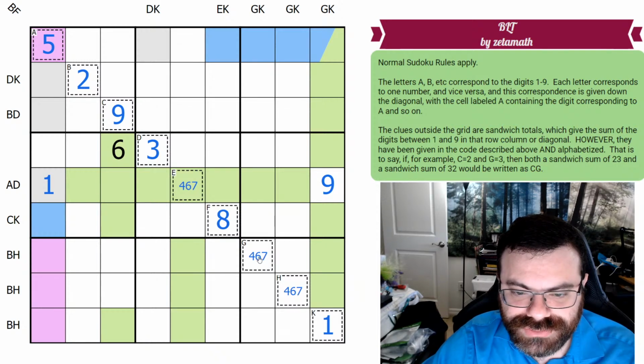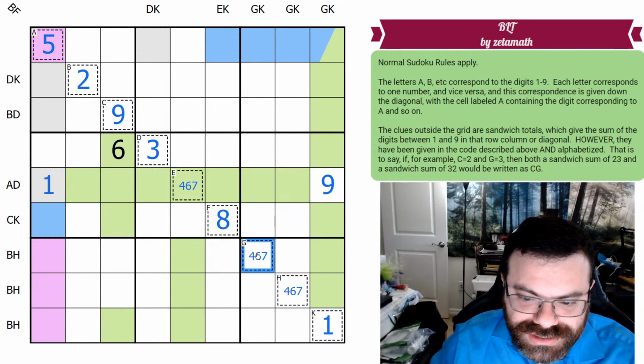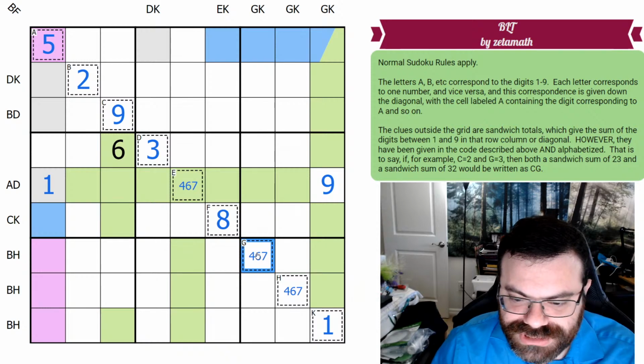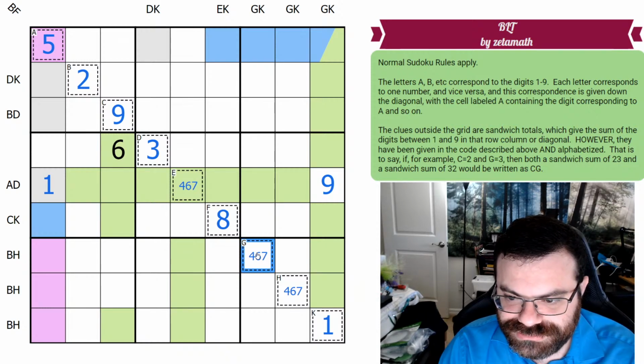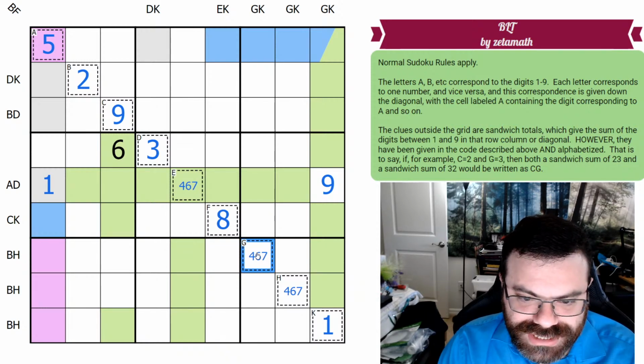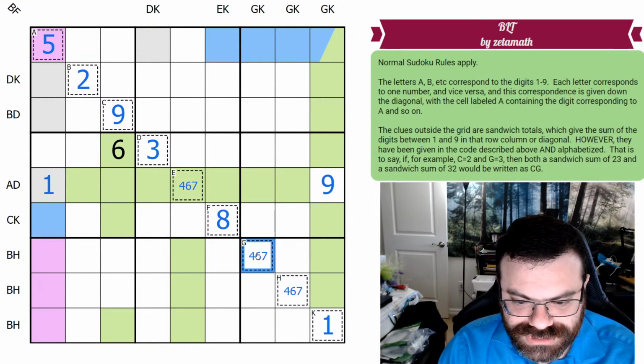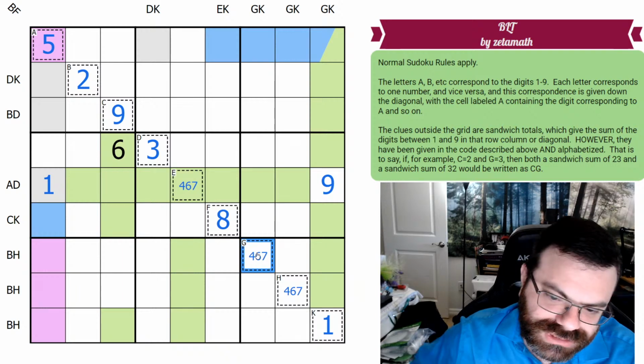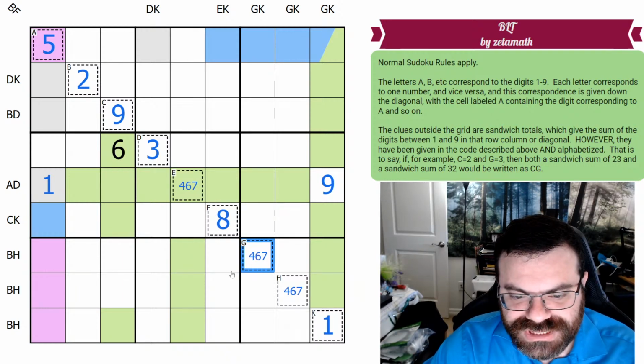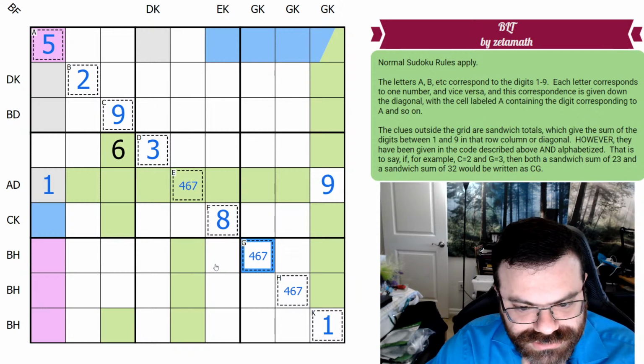So, okay. GK is either 14, 16, or 17. BH is either 24, 26, or 27. That could be more limiting. 27 we knew had to be 6, 7, 8, 9.